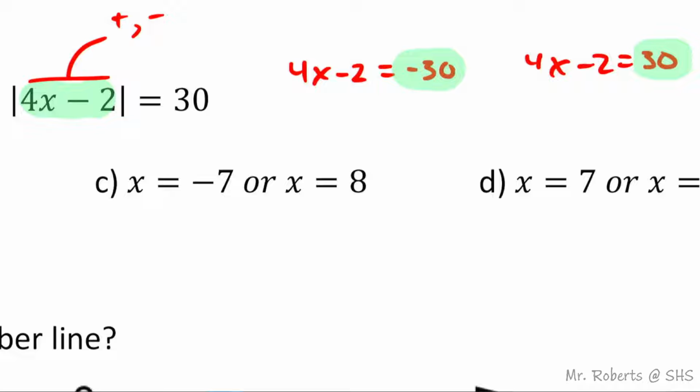I'm sorry, let me clear this. So I could take the negative 30 and add 2 to that. So that's going to be 4x is negative 28. And then if I divide it by 4, I should get negative 7.